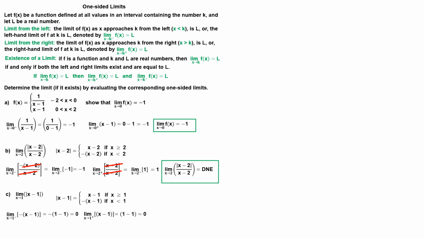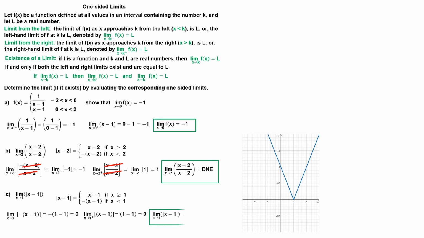Since the limit from the left and the limit from the right take on equal values, the limit of the function exists, and it is 0. It's clear by looking at the graph that both the left and right-hand limits of f of x as x approaches 1 are equal. Thus, the limit of the function exists.